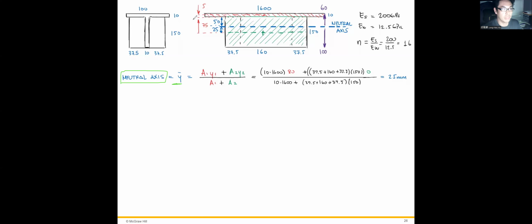Steel has the higher modulus. So what we should do, we should enlarge the steel part, right? So we know the E steel is 200 GPa and the E wood is 12.5. So the n vector equals 16.